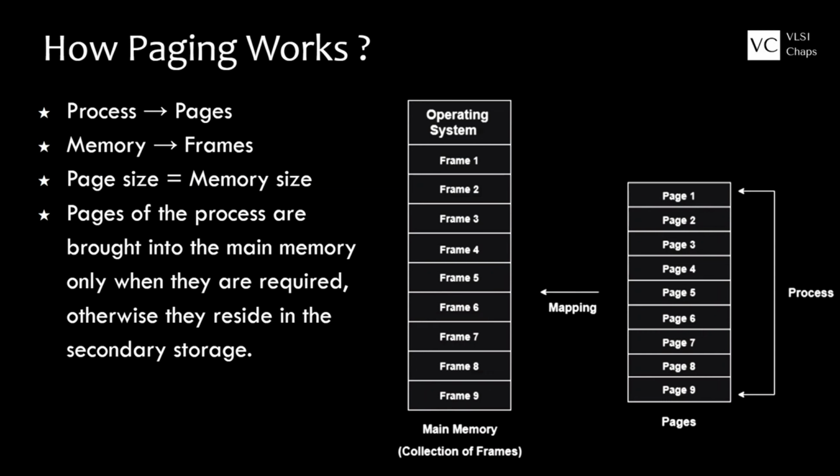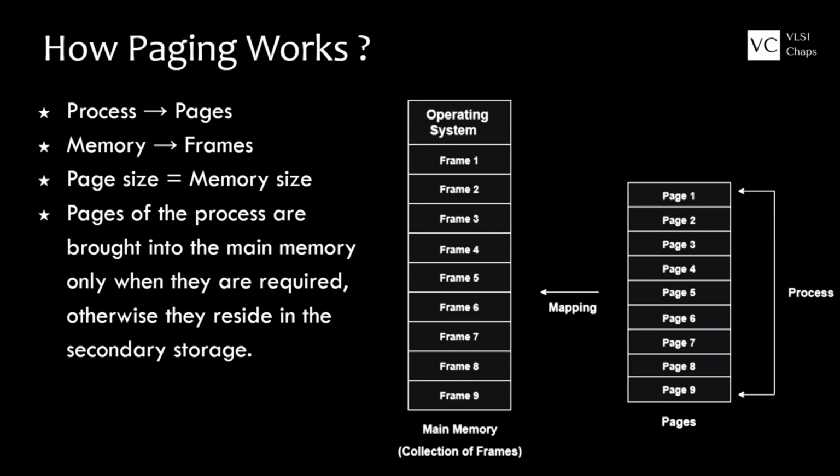The parts into which the process is divided are called pages. Since the process is divided, its equivalent main memory in which the process is supposed to be stored should also be divided. The main memory partitions are called frames. The only prerequisite here is that the frame size and the page size must be equal to each other.